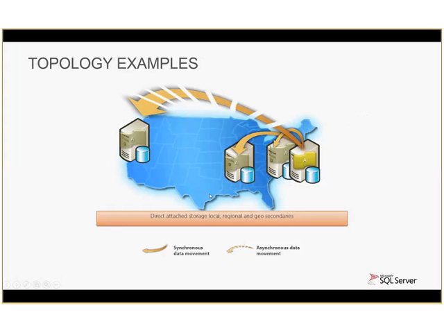Here's an example of both, where we have our primary here on this server. At the same site, we have a secondary server. At another site, another data center, we have another synchronized copy.